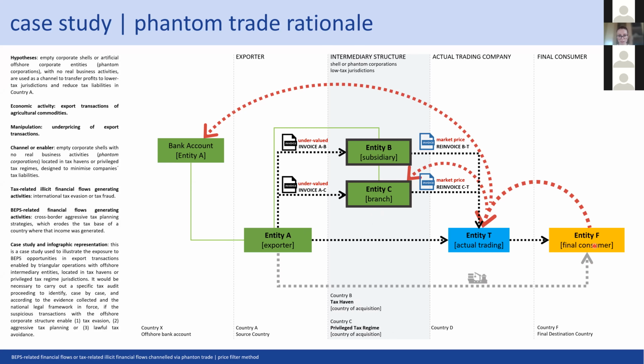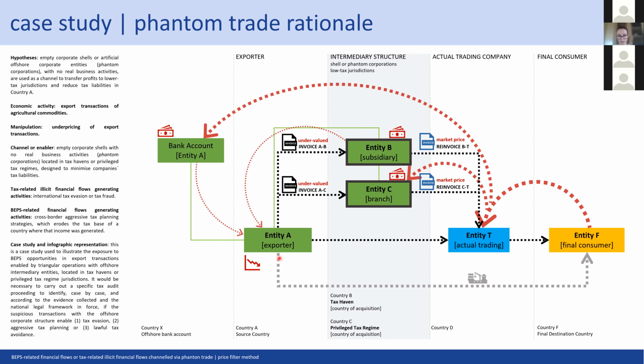So the commodities are shipped directly from country A, the exporter, to different final destinations. And as a result, through the undervalued export transactions to shell corporations, the entity A accumulates undeclared profits in low tax jurisdictions or other offshore bank accounts, reducing its tax liabilities in country A.